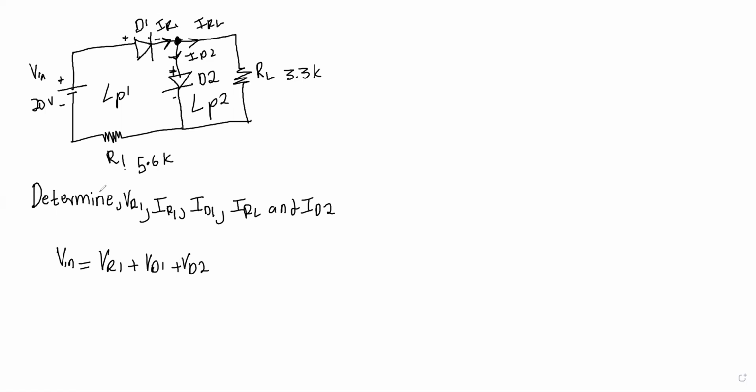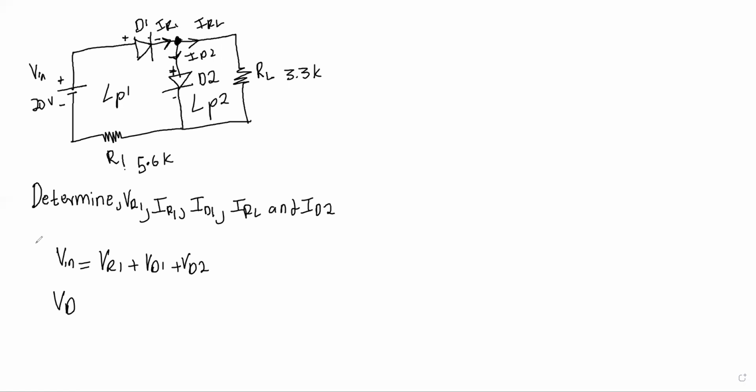We can get VR1 since VD1 and VD2 are given as 0.7, and V in is also given. Let's make VR1 the subject of the formula.